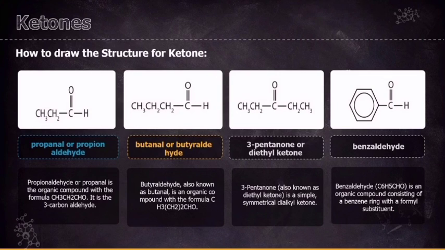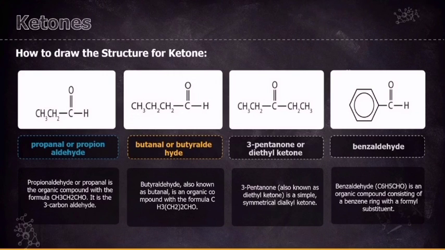It is miscible with most organic solvents. 3-pentanone or diethyl ketone. 3-pentanone, also known as diethyl ketone, is a simple, symmetrical dialkyl ketone. It is a colorless liquid ketone with an odor like that of acetone. It is soluble in about 25 parts water, but miscible with organic solvents.